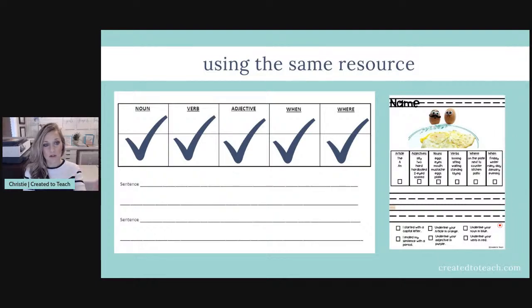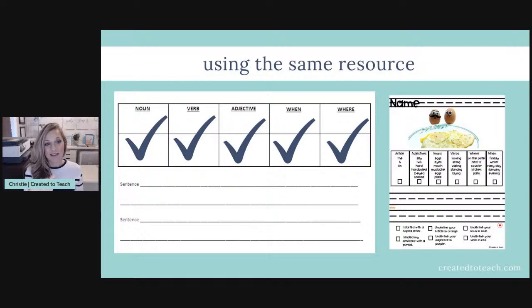Then they just go back and look at this little checklist. I have a noun, I have a verb, I have an adjective, I've told where it takes place and when it took place. That is an example of how to assess whether you have it or not.